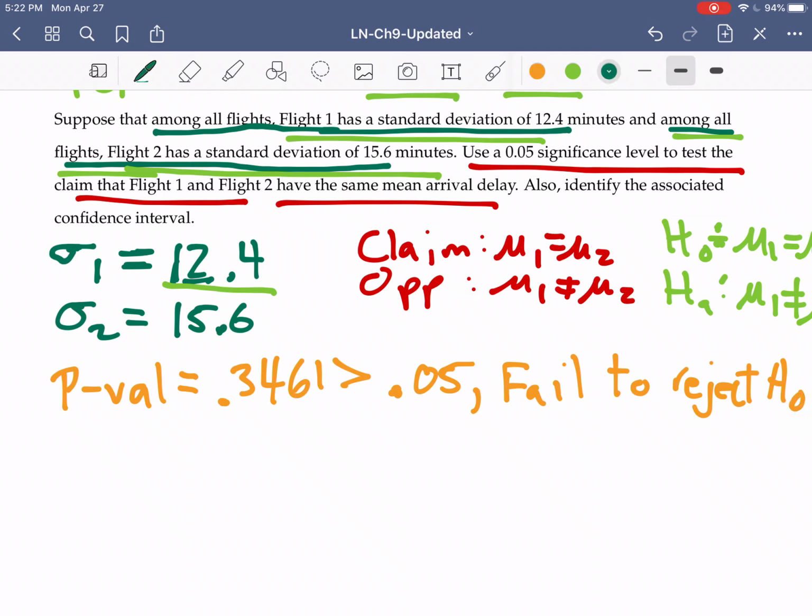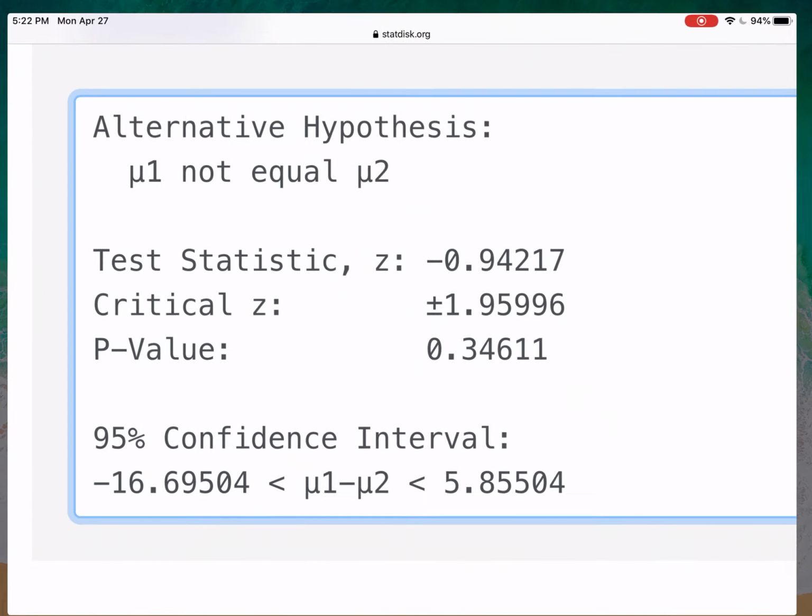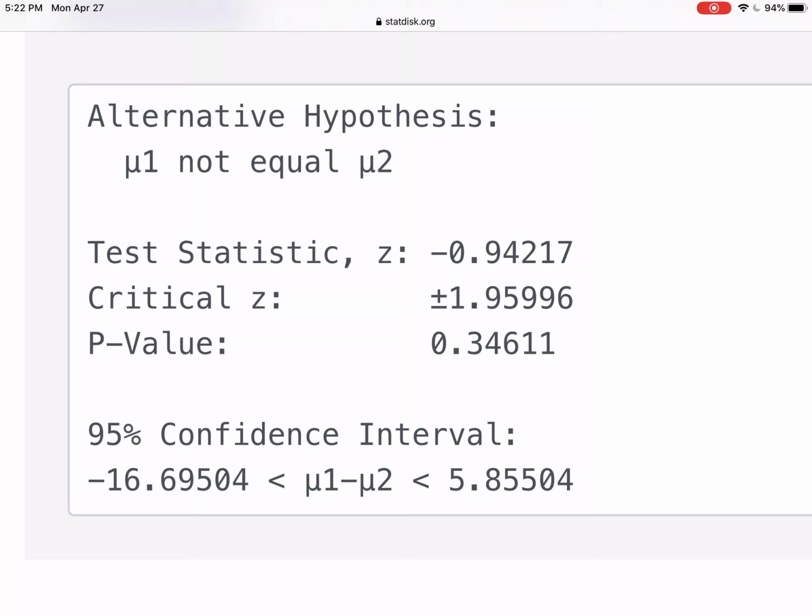Again, in this problem, it asks us to identify the associated confidence interval. And so that was provided here, down there at the bottom: negative 16.695 to 5.855.